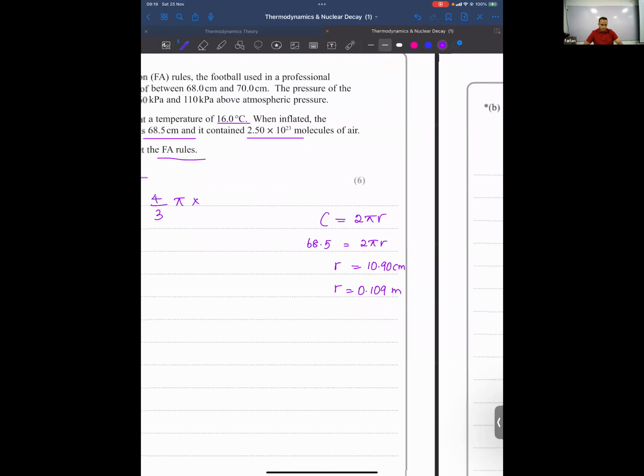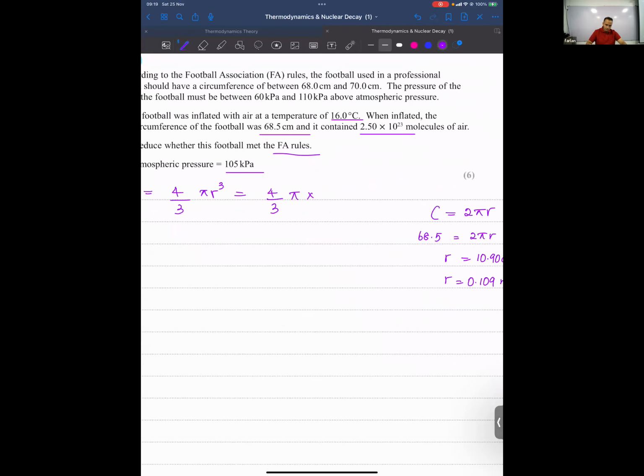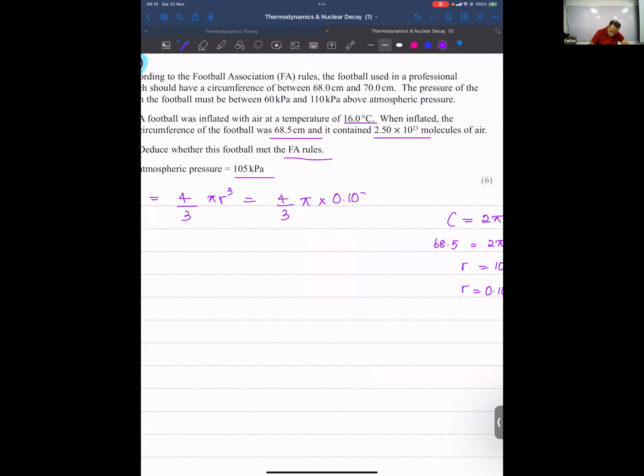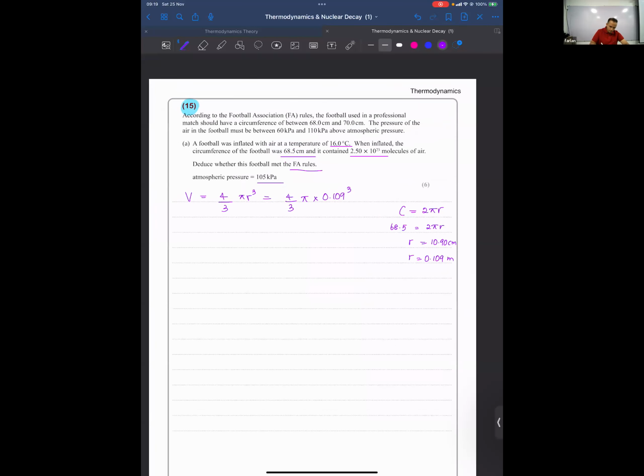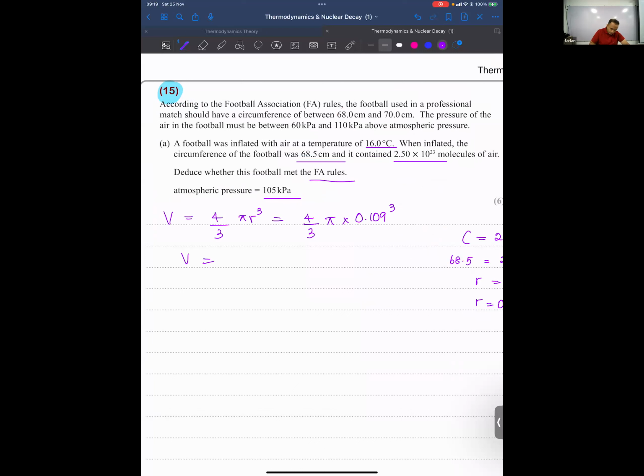If I use that here, 0.109 cubed gives you the volume of the ball, which is 5.4246 times 10 to the power minus 3 cubic meters. This is the volume of the ball.